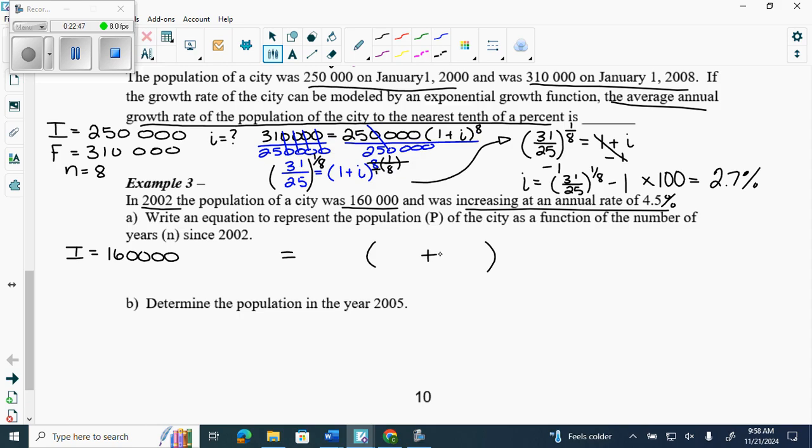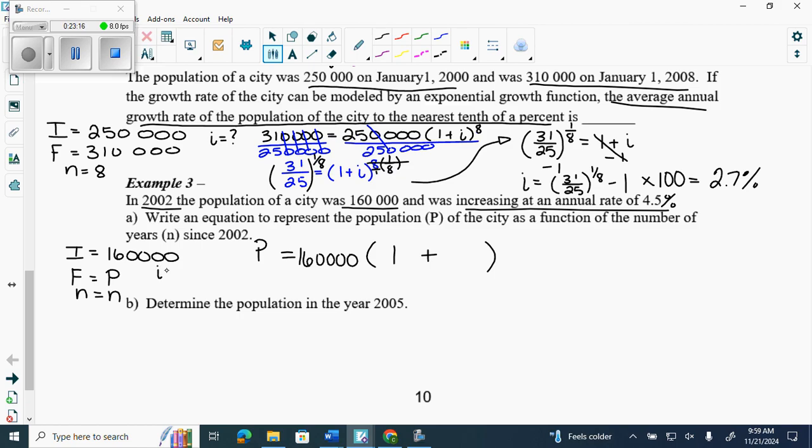Okay. Write an equation to represent the population of the city as a function, population P. So we're going to make F equal P. In the years N, so N is N, since 2002. So sometimes we don't know everything. We're just filling in what we do know, right? So we're going to have P equals 160,000, 1 plus what?